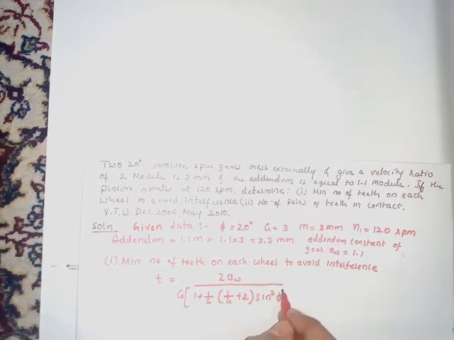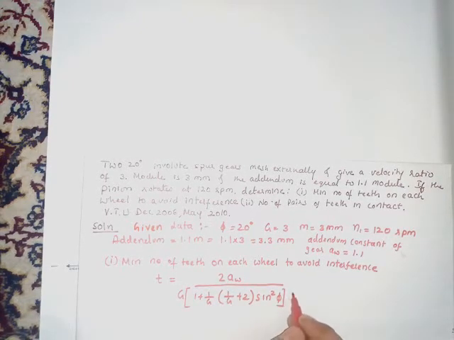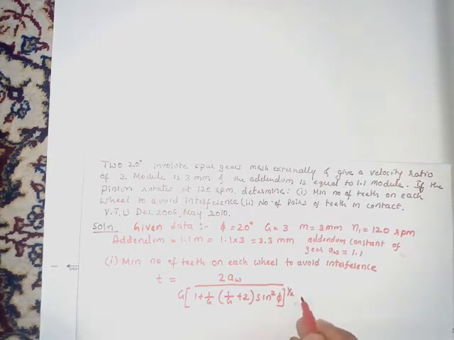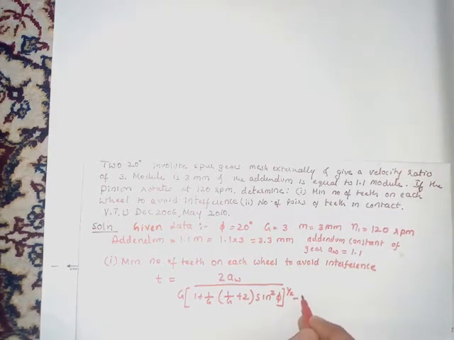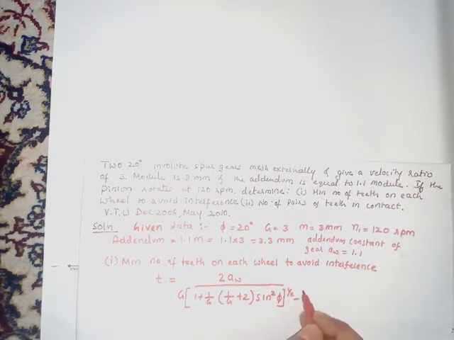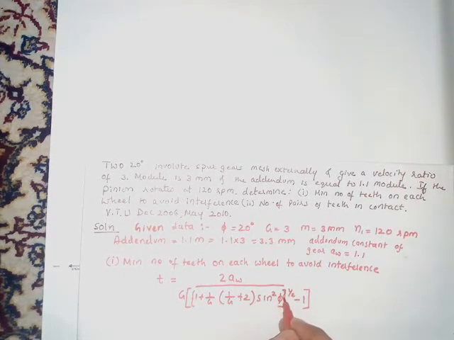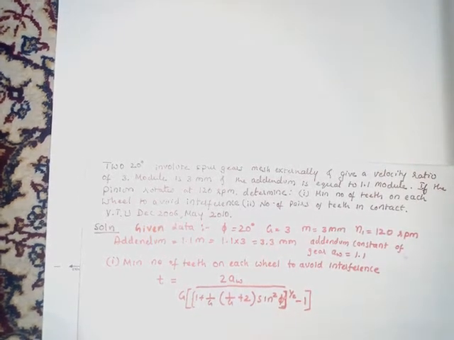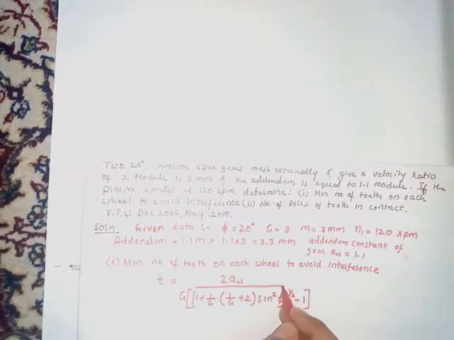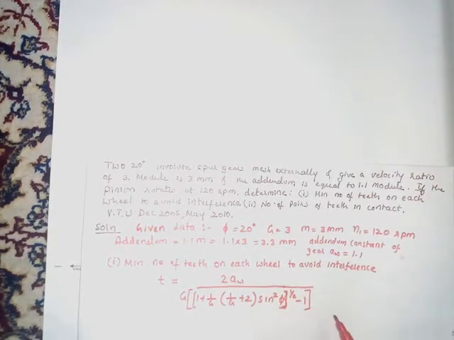This whole thing is under the square root, so I'll write it as raised to half minus 1. So I'll put this as flower bracket, this as flower bracket, and that will differentiate the two terms.